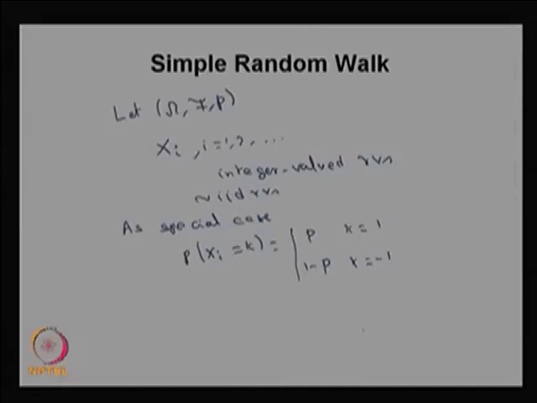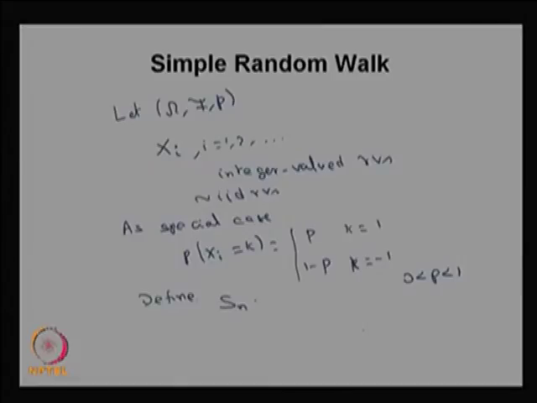In general, I am going to define the general random walk also. As a special case, Xi takes the value 1 with the probability p, and Xi takes the value minus 1 with the probability 1 minus p, where p can take the value 0 to 1.